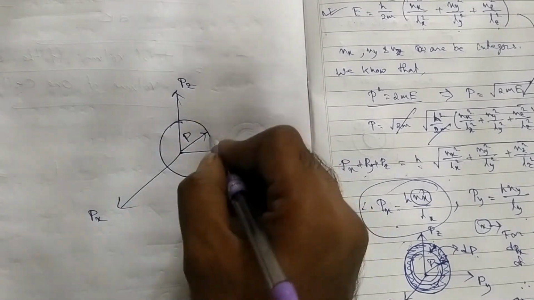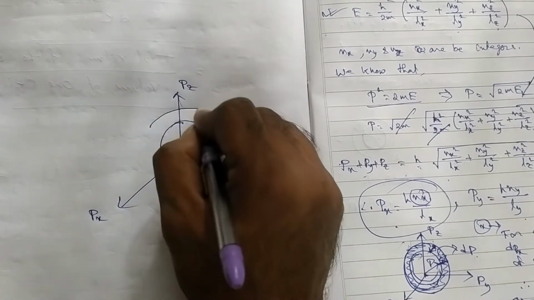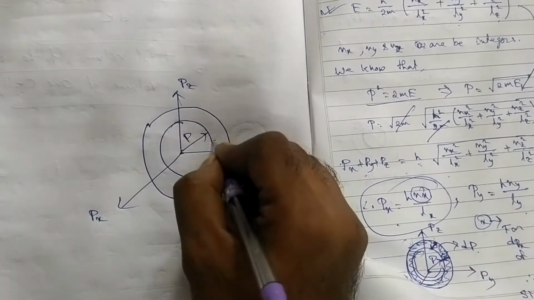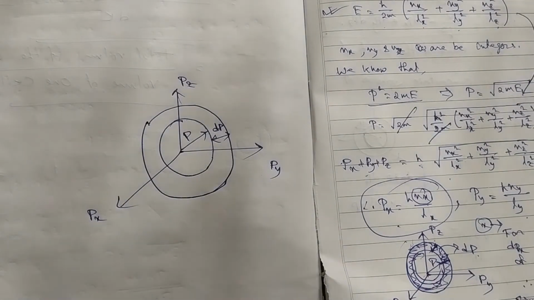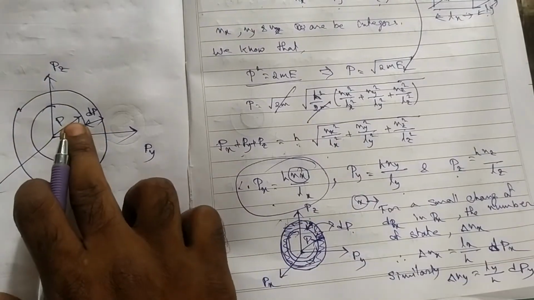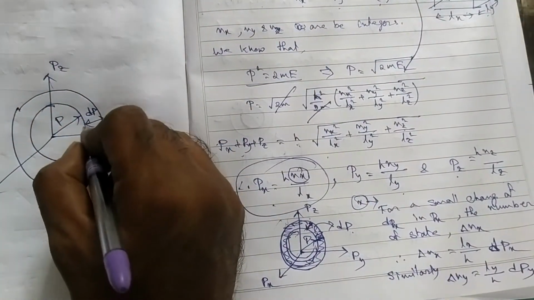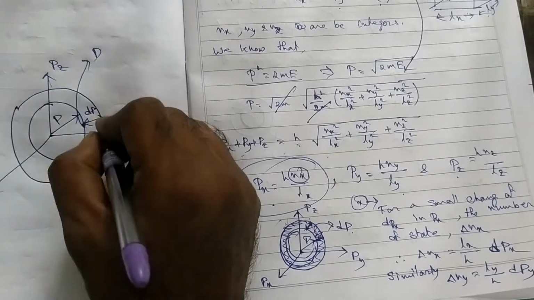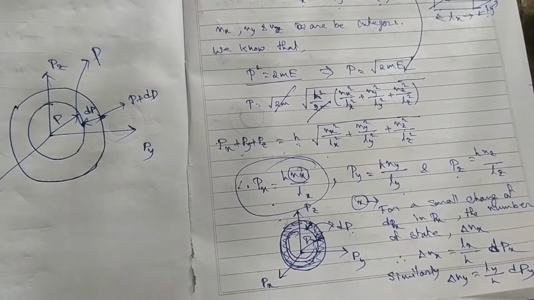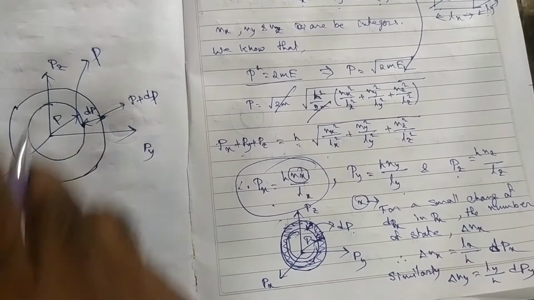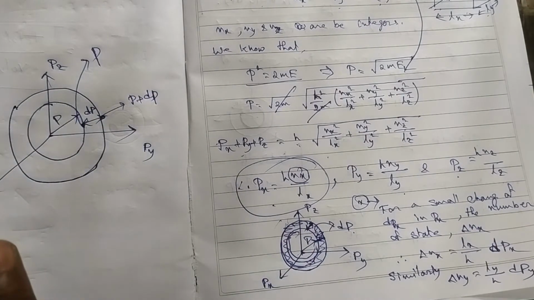If we change the momentum of this sphere from p to p plus dp, suppose the change in momentum is dp, where this point is p and this point is p plus dp, then the quantum energy state, or the quantum number, is slightly changed.